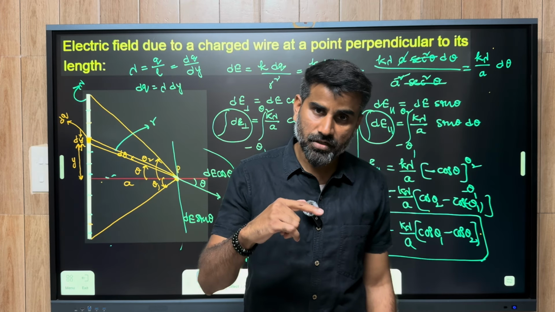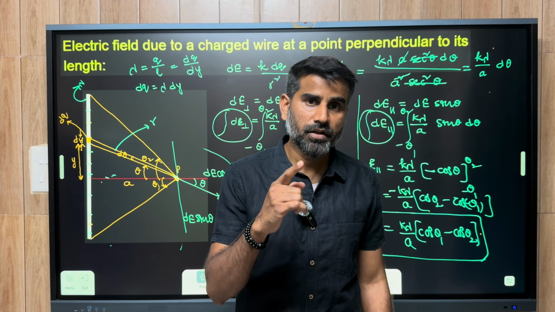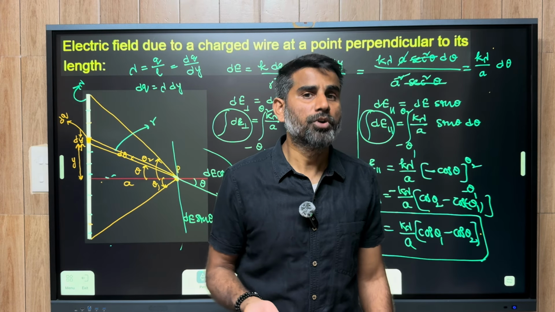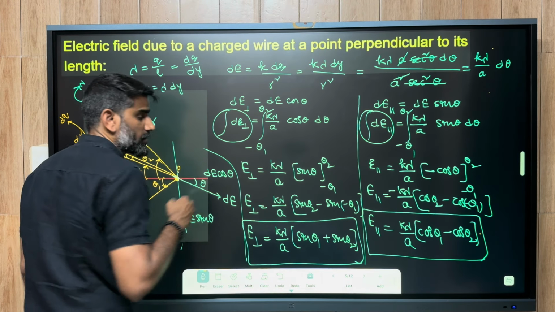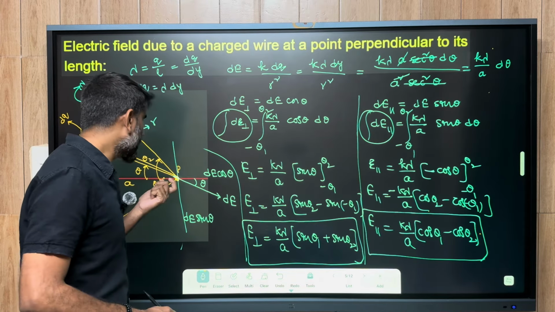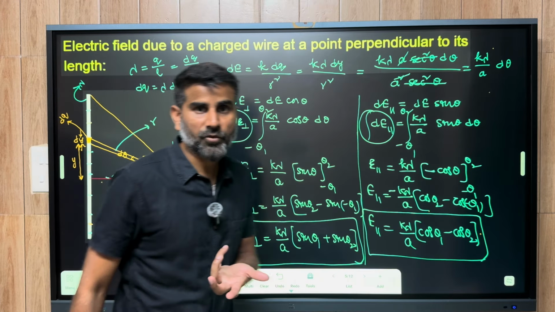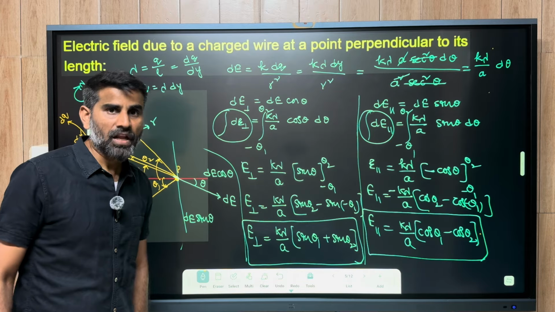Angles measured below the perpendicular are taken negative, and above the perpendicular are taken positive, which we have already taken. While solving problems, if you take the negative sign again for this angle, you will get the wrong result. This negative sign we have already used in the analysis.